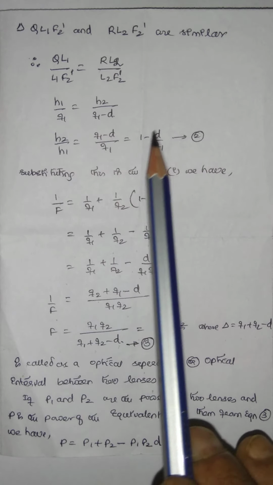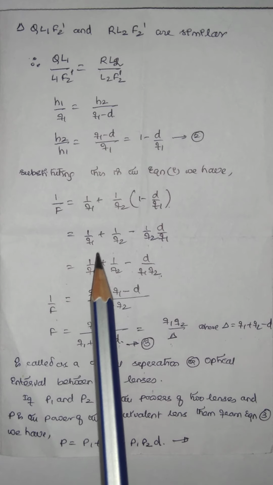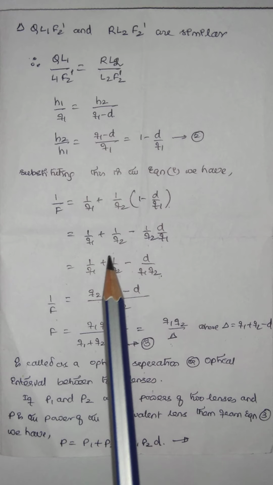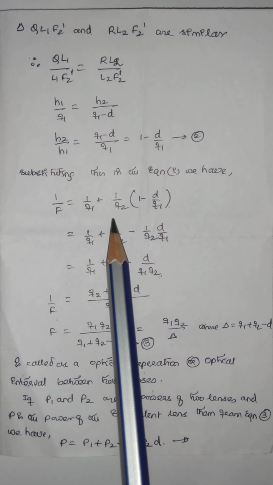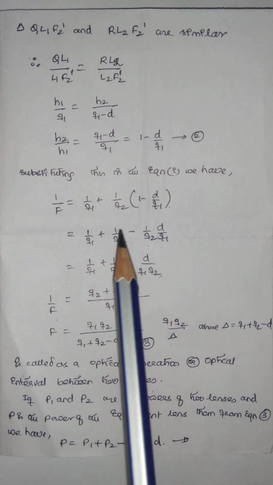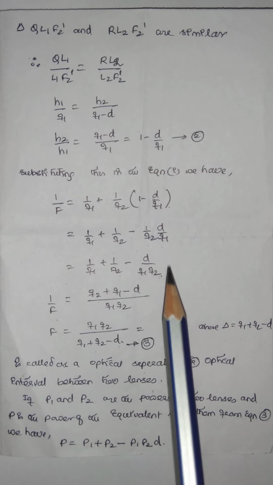Then we take this inside: 1 by F1 plus 1 by F2 into 1 is 1 by F2, minus 1 by F2 into D by F1. This is given by 1 by F1 plus 1 by F2 minus D upon F1 F2.